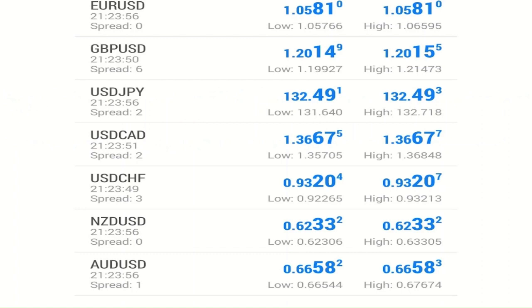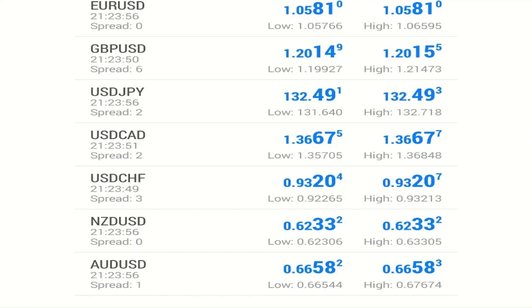EUR here, EUR is the base currency, while USD is the quote currency, and you can see that EUR is stronger than USD. But let me show USD JPY here also. USD is the base currency, while JPY here is the quote currency.